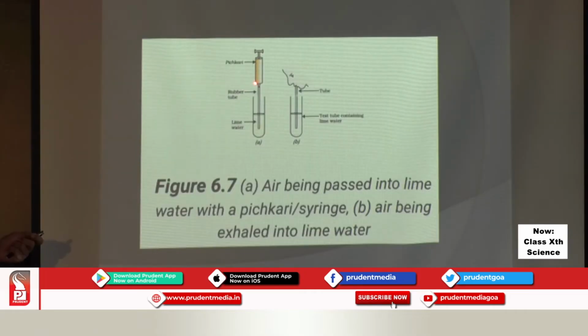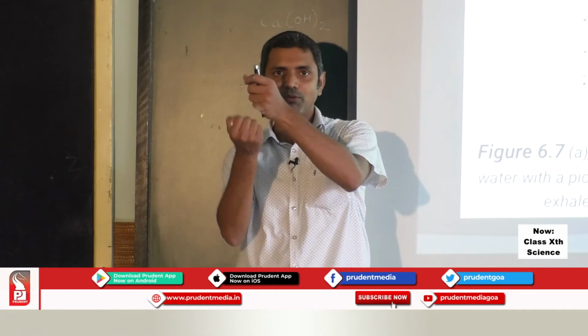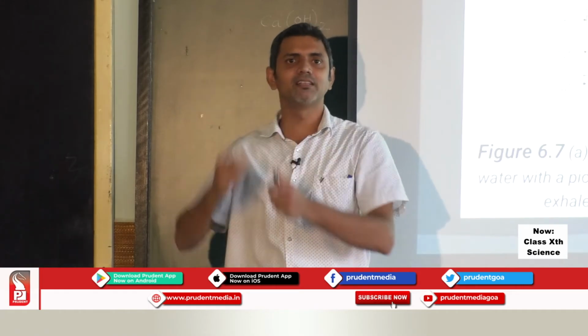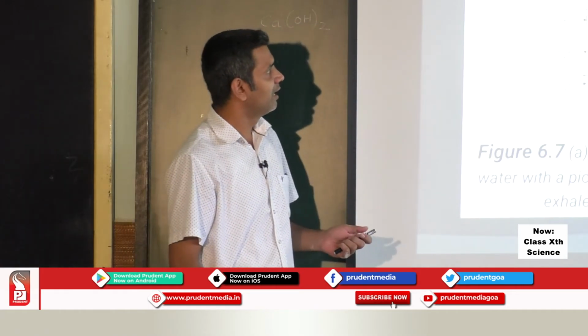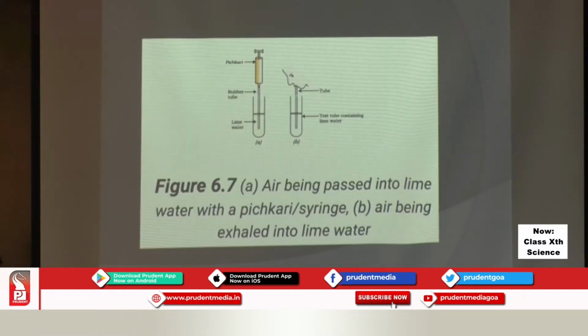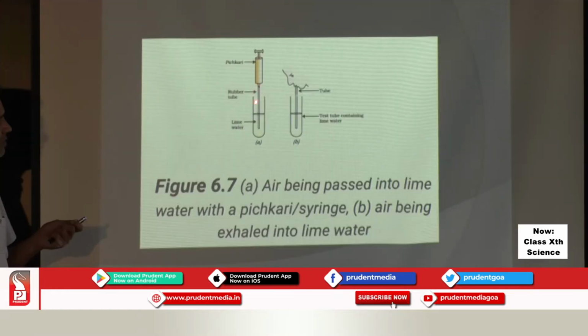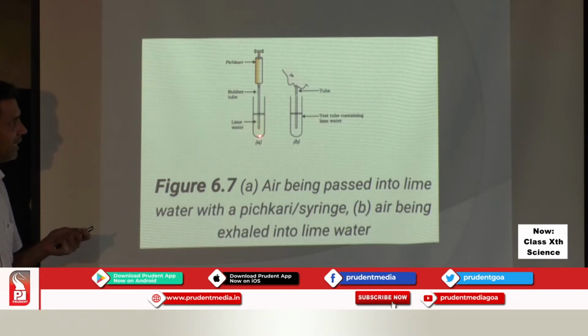We have to first pull the piston, and when we pull the piston, air will enter the pichkari, and now we can change the direction, and then we can press the piston. While pressing the piston, the other end of the pichkari must be in the lime water.